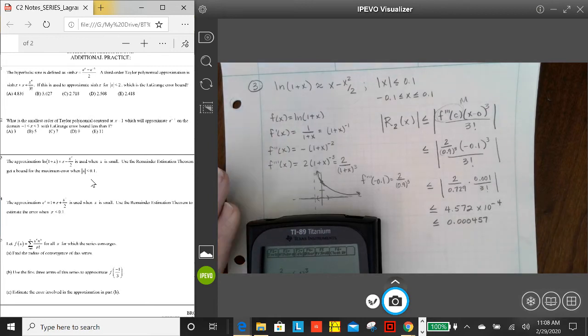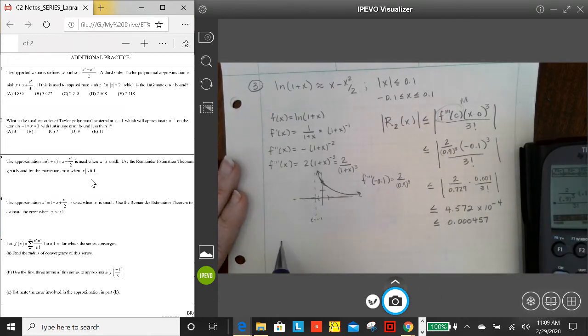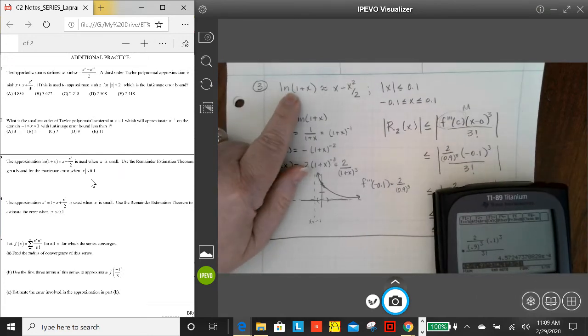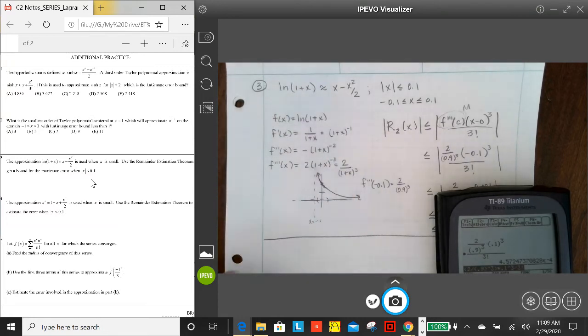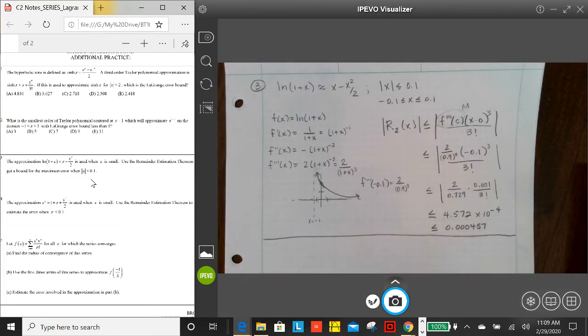So is that accurate? Well, what would the actual error be? Well, you would take this function evaluated at 0.1 or negative 0.1 and see what the difference is. And this is pretty good, actually.